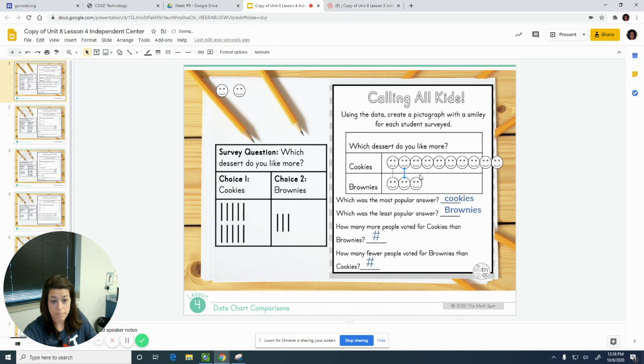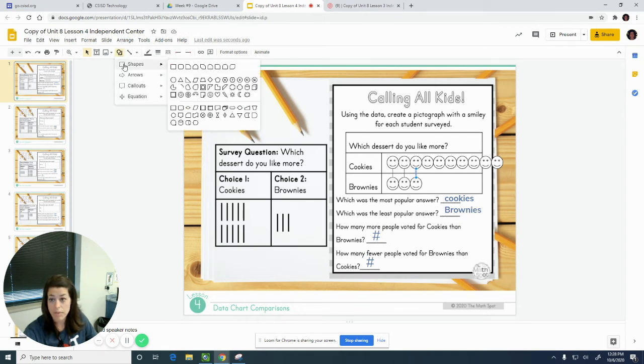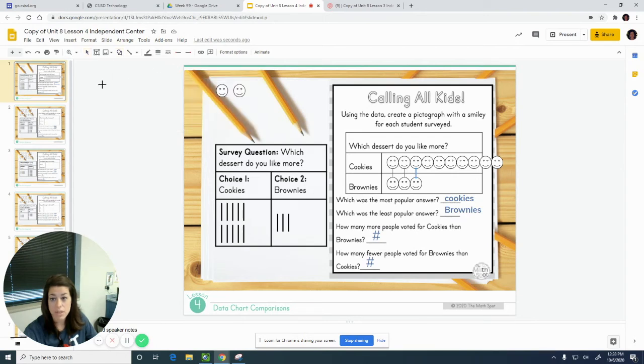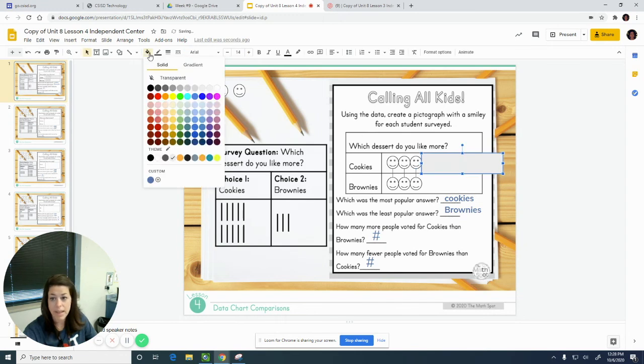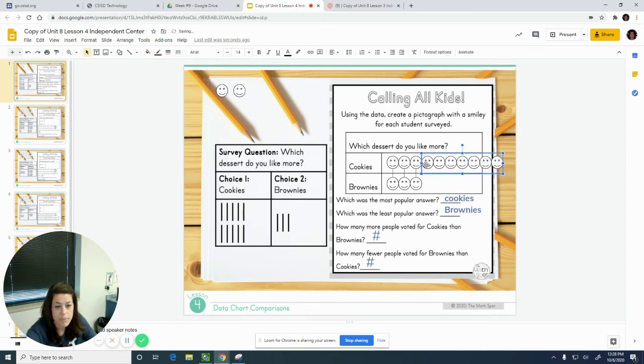They can line up, and they can line up. So those 3 line up. Then all of the rest, those are going to be the number of cookies that we have left. So let's count them. 1, 2, 3, 4, 5, 6, 7. How many more people voted for cookies than brownies? 7.